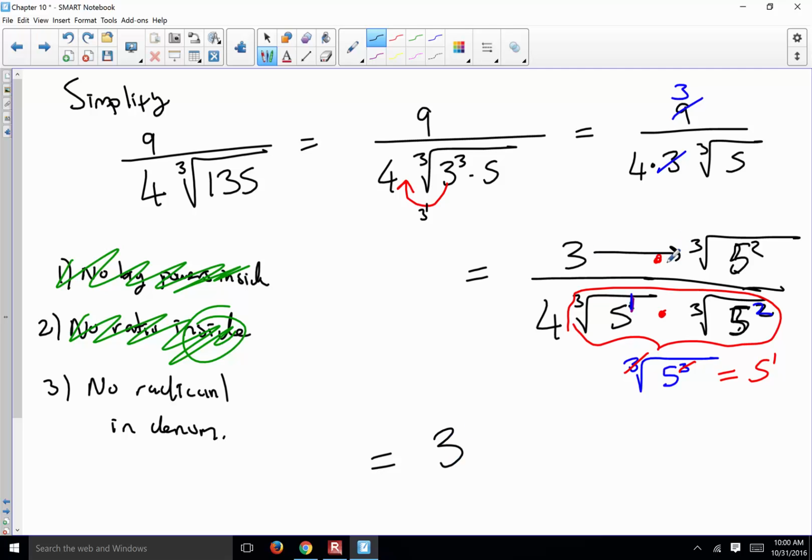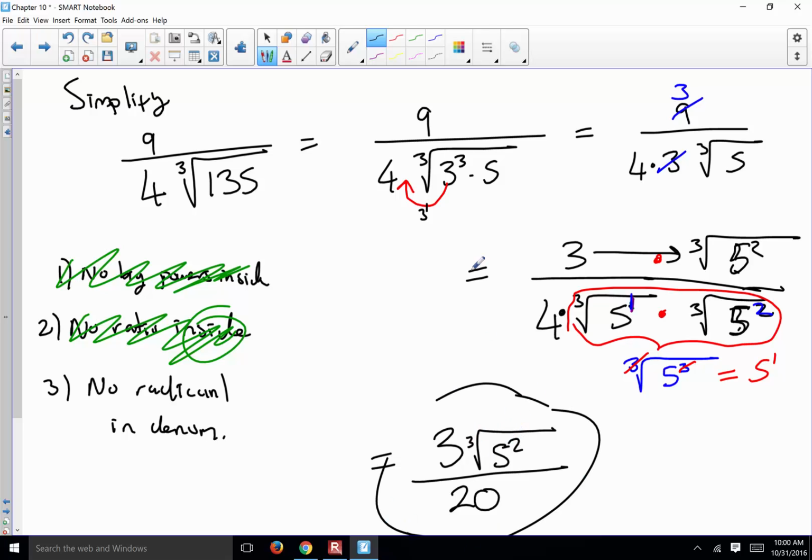Well, how about these? How do you multiply this? These two just come together, 3 times cube root of 5 squared over 4 times 5, which is 20. So the result is 3 cube root of 5 squared.